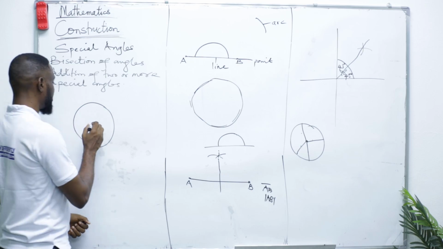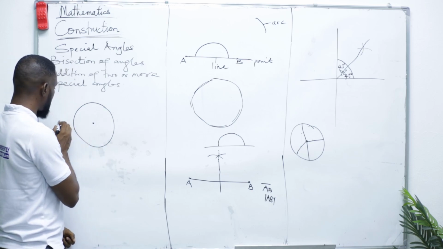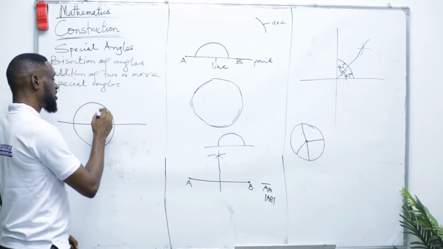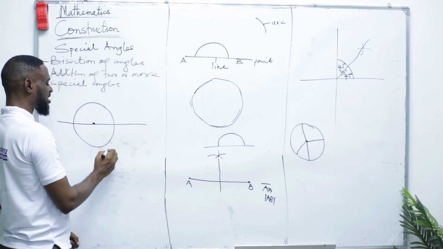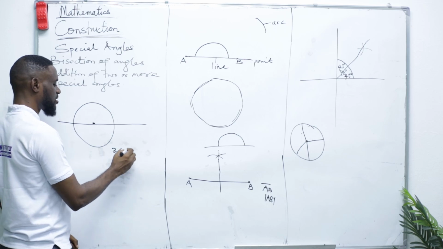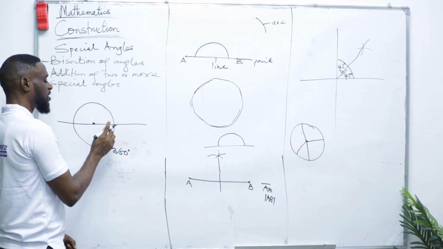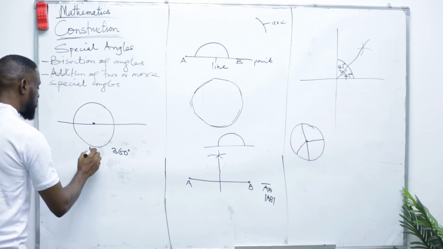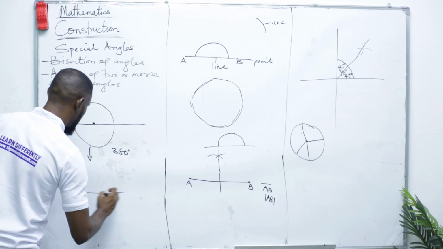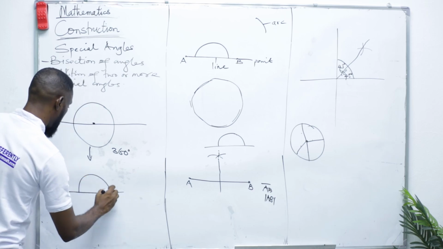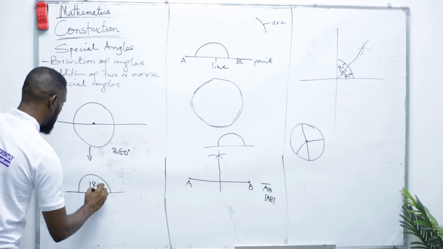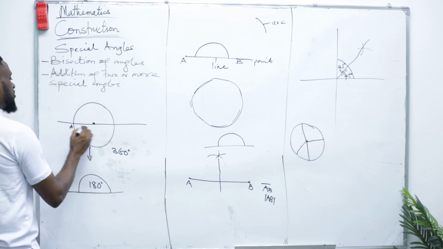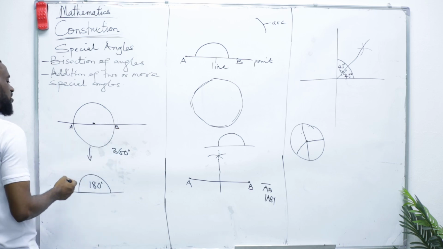Now, if we divide this circle into two equal halves, this circle initially being 360 degrees, these two equal halves, we have formed another shape now as this. So this becomes 180 degrees. Let's just call this place AB, like I said.